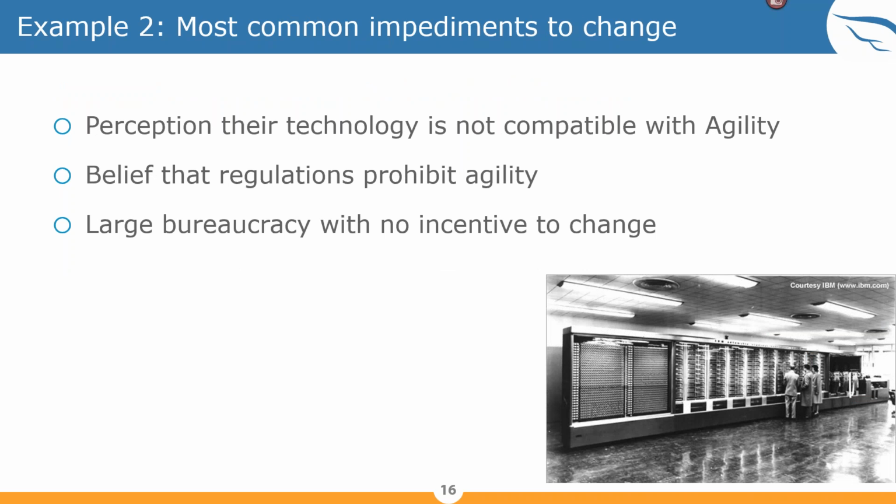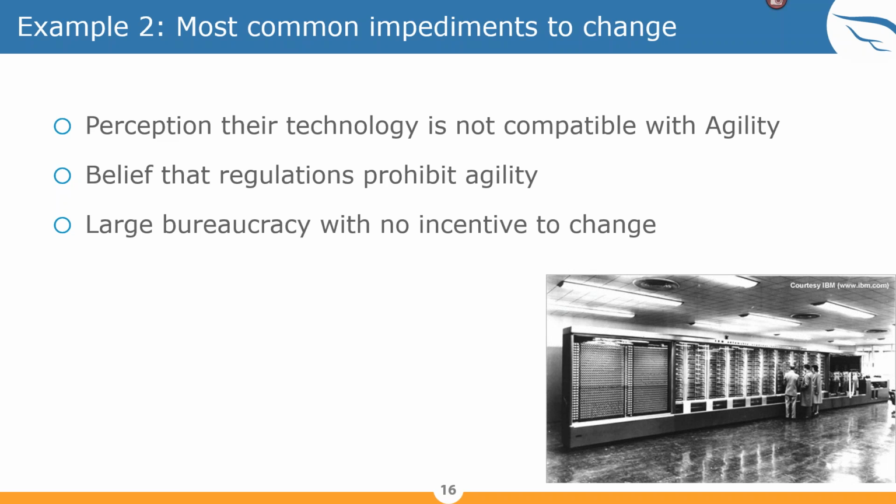Well, one is the perception that the technology is not compatible with the agility that these organizations are using. So again, illustrated by the nice circa 1950s IBM mainframe, they just will throw up these barriers to say that, yeah, that may work if you're working for a small startup and you're developing a mobile app, but we're a much larger organization than that, and we use these very complex technologies, and you just can't move quickly when you're dealing with those.